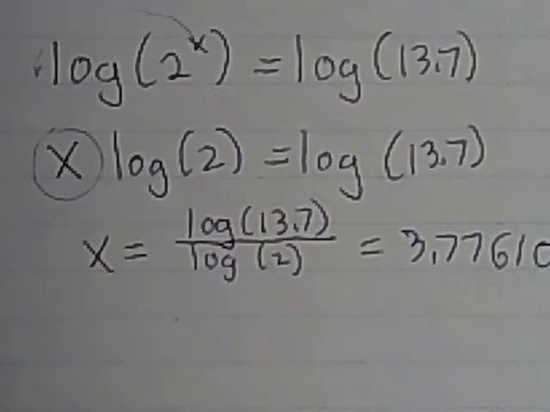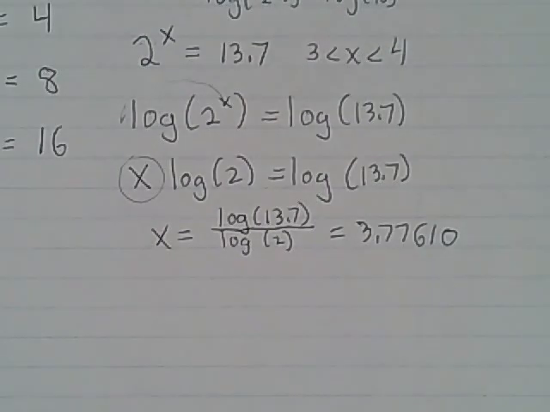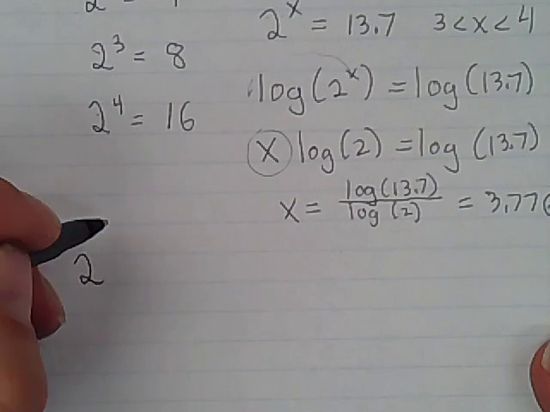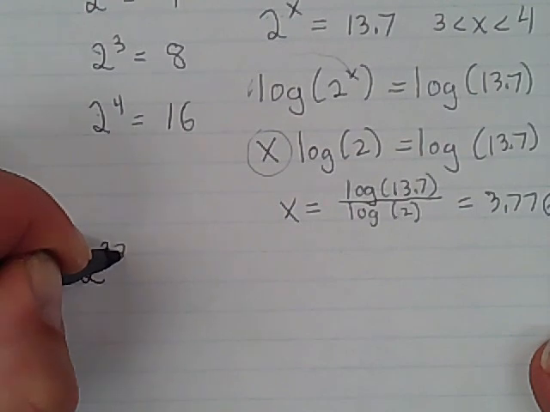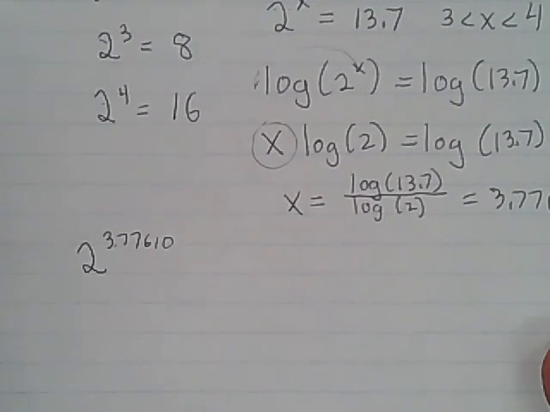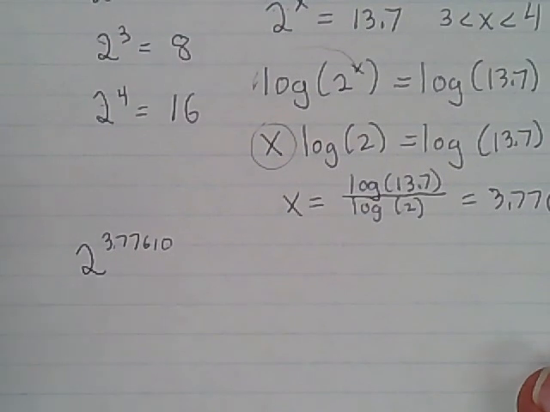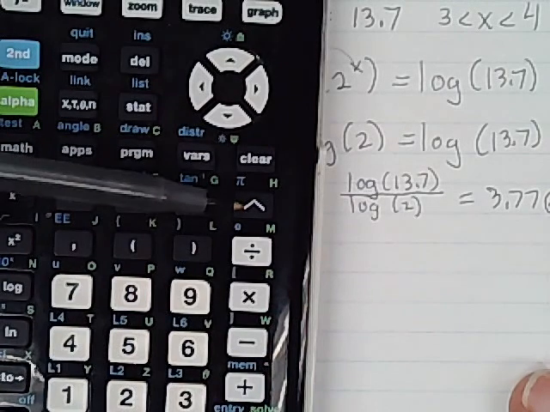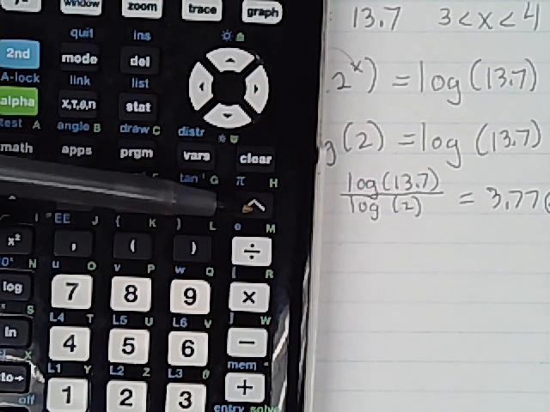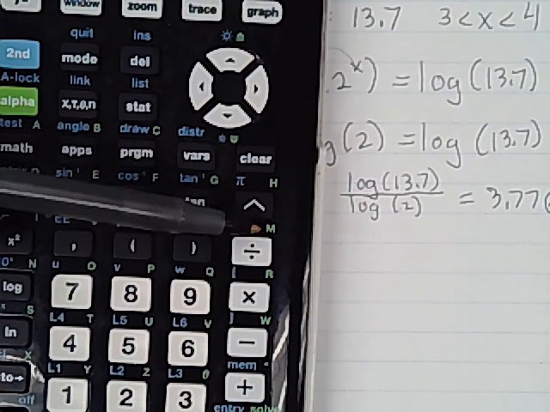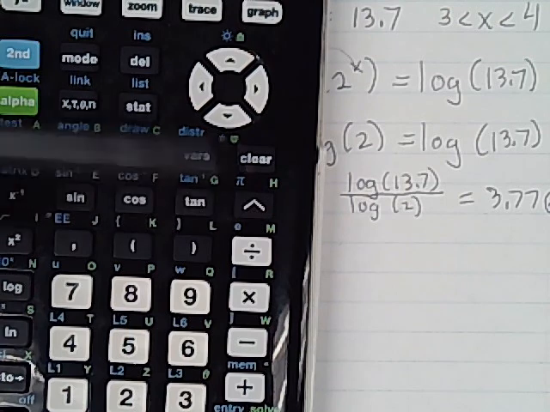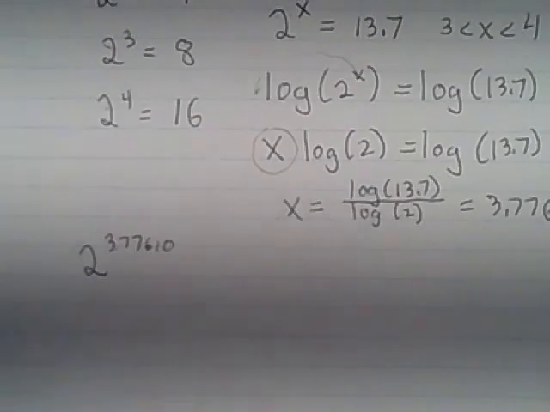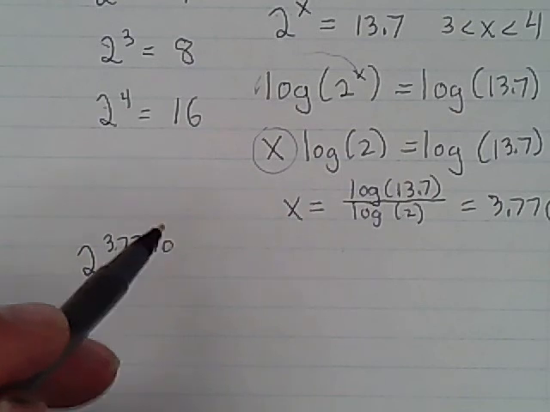Here's my claim. I can prove this to you by asking it, what do I get when I raise 2 to that power of 3.77610? On your calculator, if it's a TI brand, you could use the caret symbol to raise it to that power. On a Casio, it might be the EXP button. I'm not sure. And if you have your phone app, that is the X to the Y button.